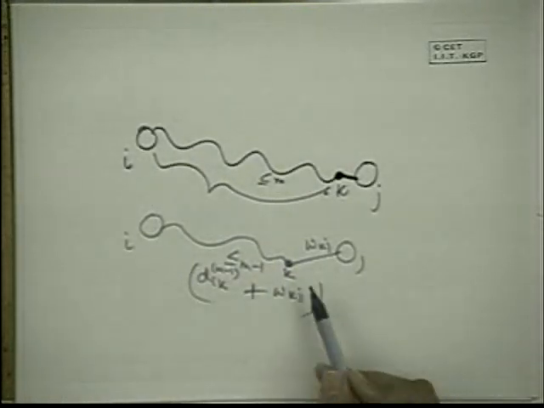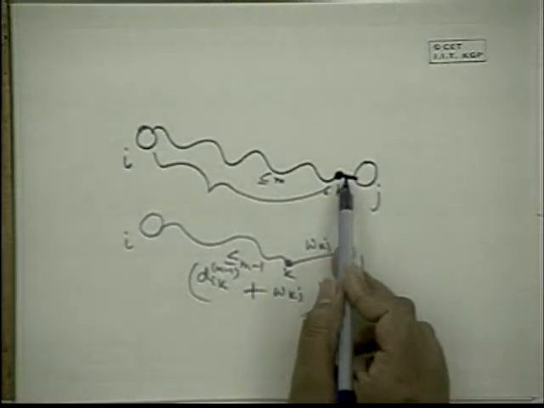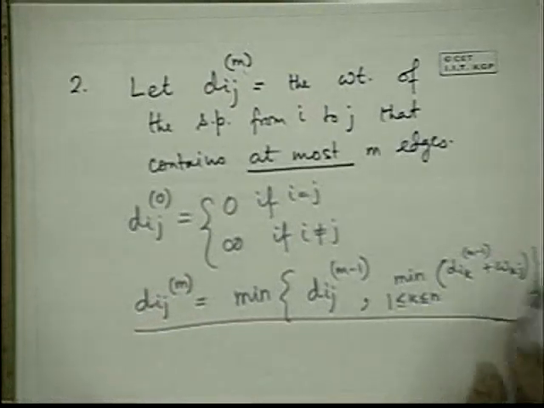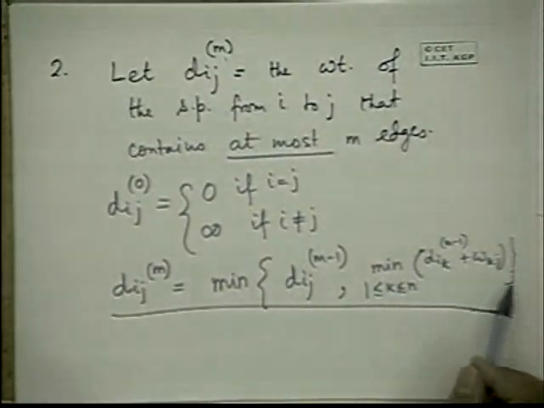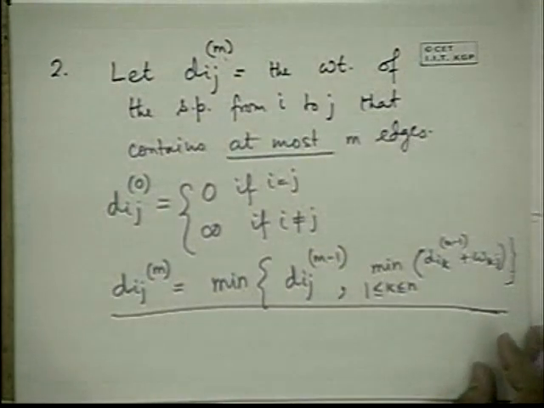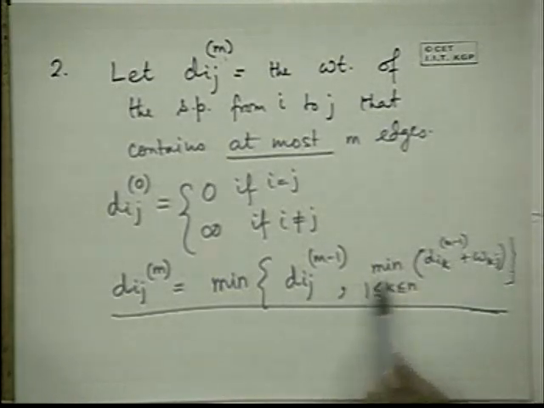For one value of k, you will find actually this path. So that's why if you go back to the definition of Dij m, this is your second part. You take the minimum over all such k. And what is the first part? Maybe you don't need to go through at most m edges at all.